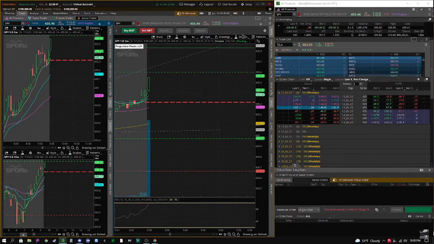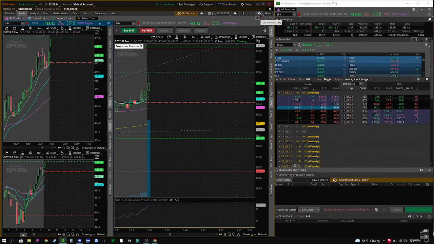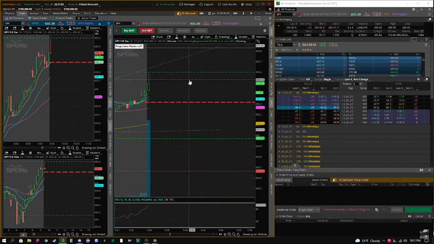So we could watch this in real time, or we could speed this up a little. You can go 3 times speed, and let's try and find an entry point. When we find the entry point, I'll slow it down. I'll even pause it to explain how I'm going to enter.